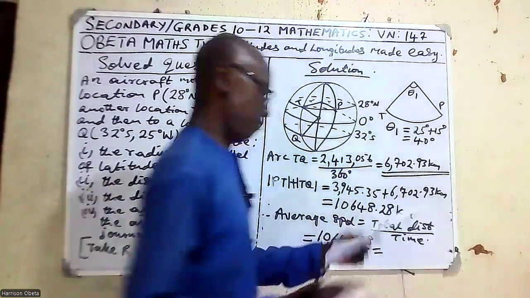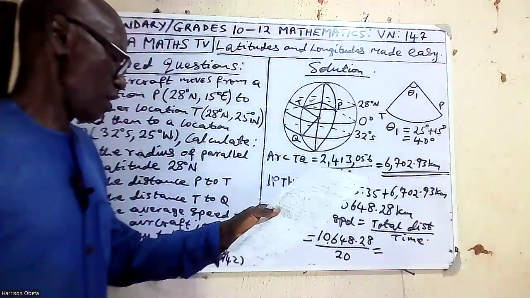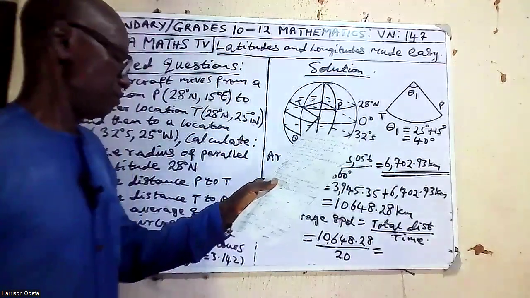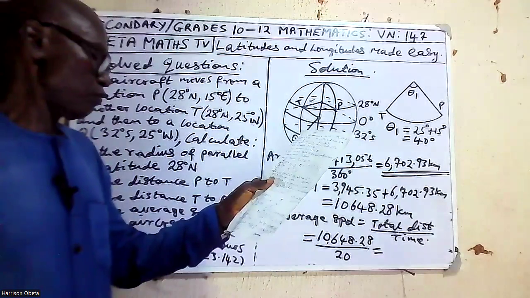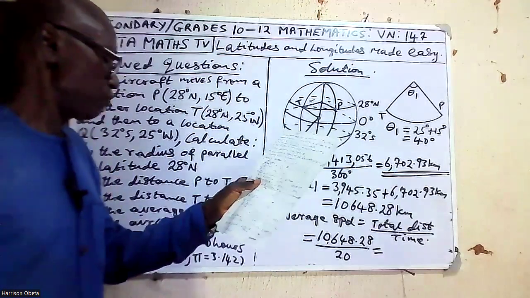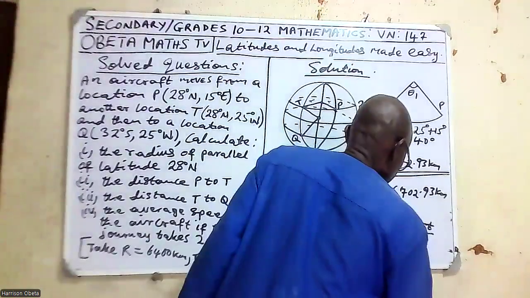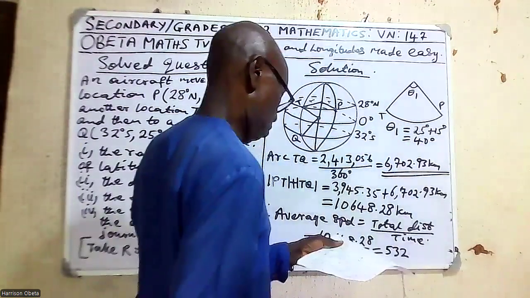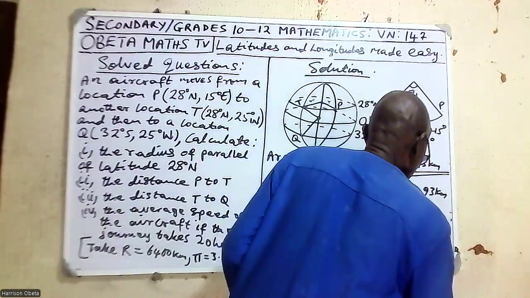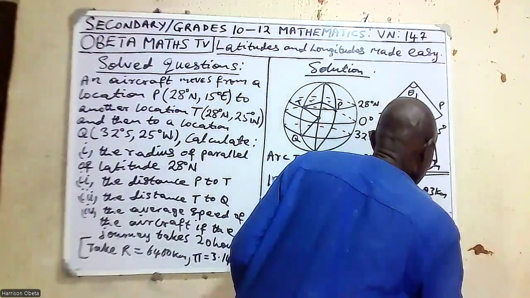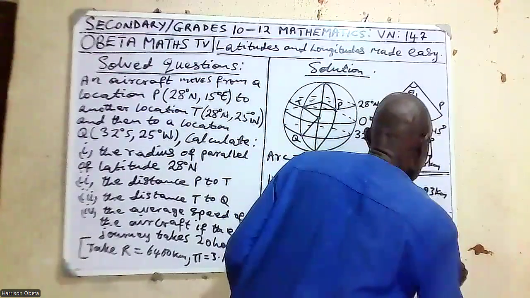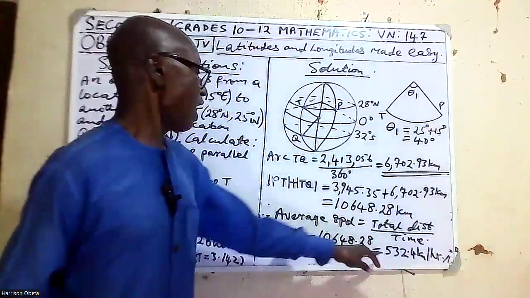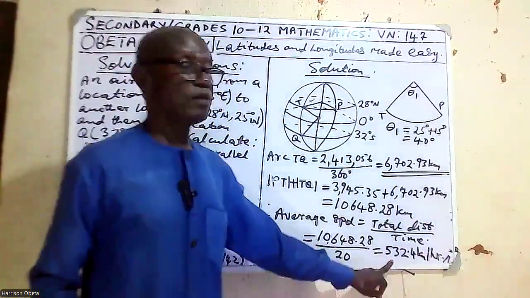Finally, we divide it, you now have approximately equal to 532.4 kilometers per hour. So this is the average speed.